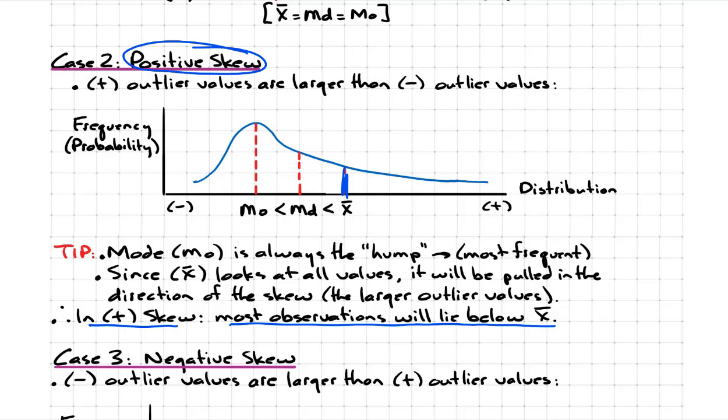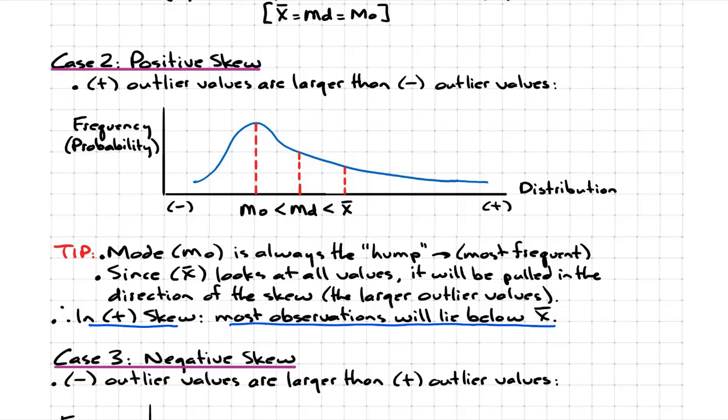So why is the mean so high? Because you have a few positive outlier observations that have very, very large values. And I'll give you a good analogy. So suppose that Bill Gates moves in your neighborhood. What would happen to the average income in your neighborhood?